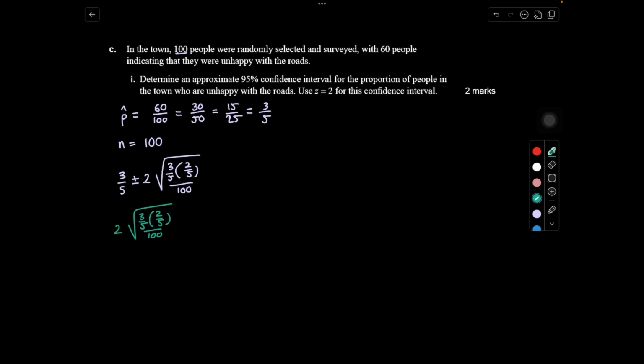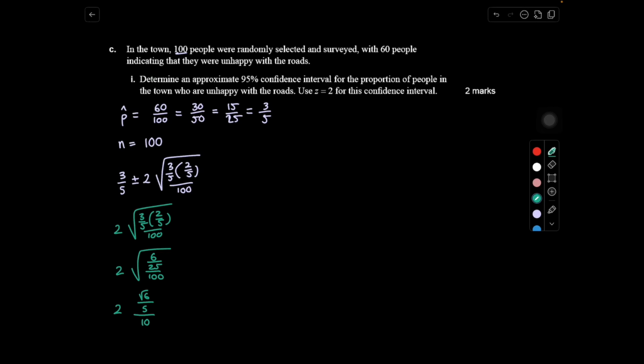So what we can do is multiply what's in the square root. So that's going to get us 6 over 25 over 100. And then you can just square root everything. So square root the 6, square root the 25, you get 5, square root the 100, you get 10.